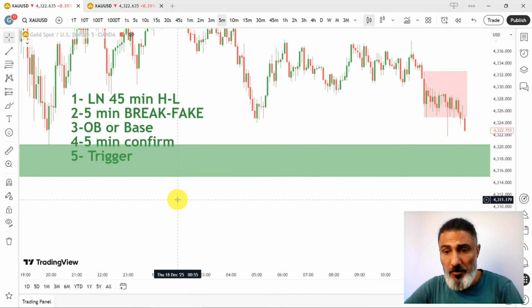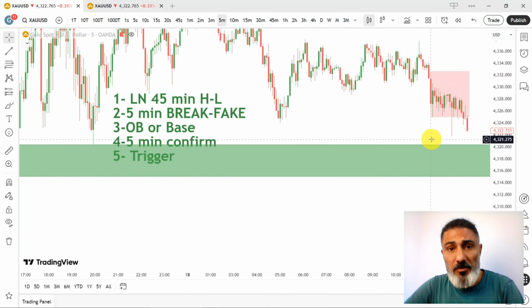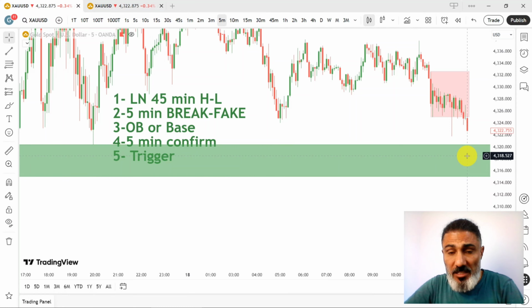Now what we must do: if you have enough space from your close to that zone, you can enter a sell position here. But because the zone is very close, I prefer to wait for price to get to this zone. When it gets there, you must wait for a 5-minute confirmation.